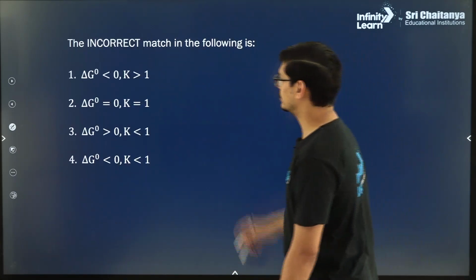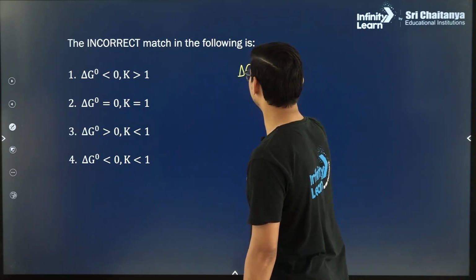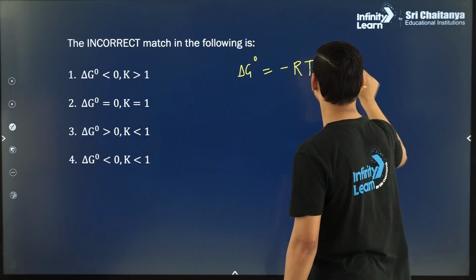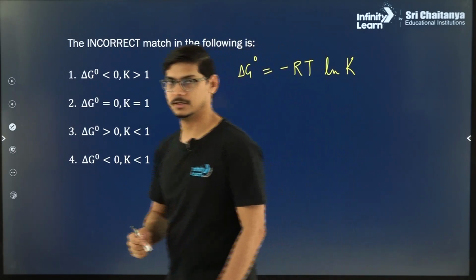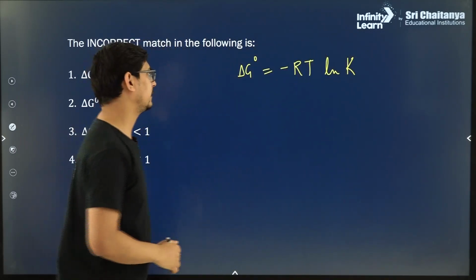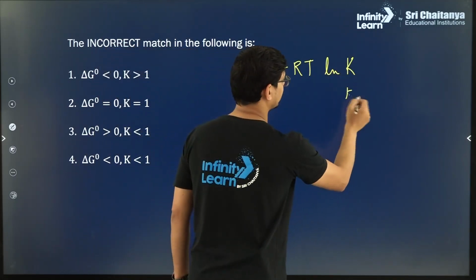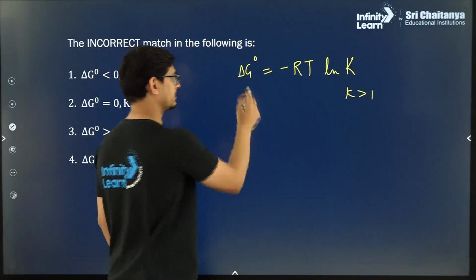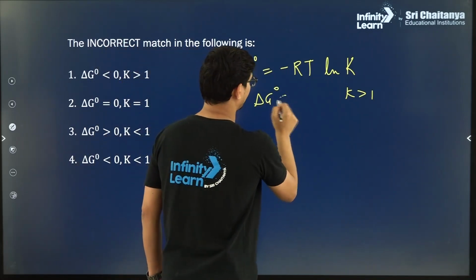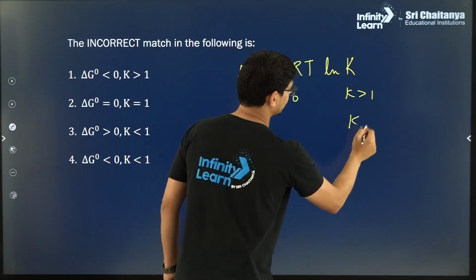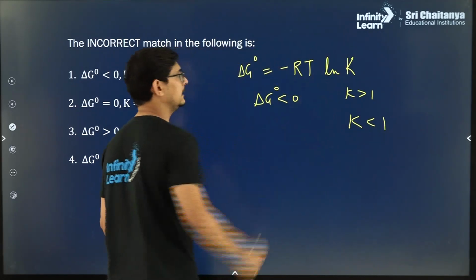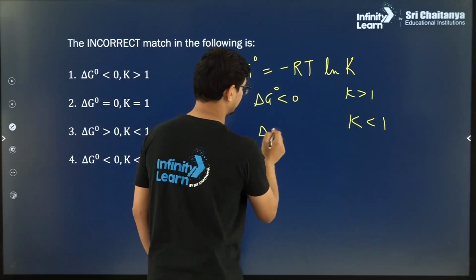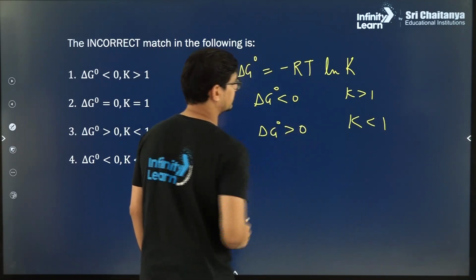Now the incorrect match. We know that the standard Gibbs energy is −RT ln Kc, where Kc is the equilibrium constant, right? By simple mathematics, if this number is greater than 1, the log of a number greater than 1 is positive, so the Gibbs energy is going to be negative. If the number is less than 1, the log is negative, and negative into negative is positive, so the standard Gibbs energy is going to be positive.